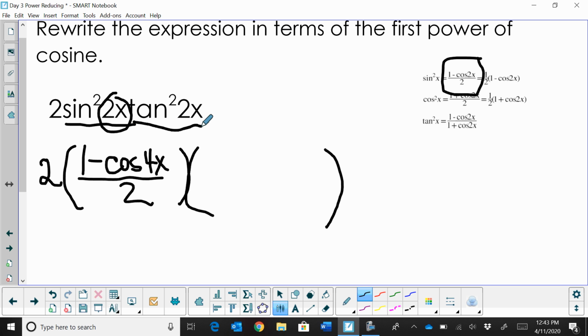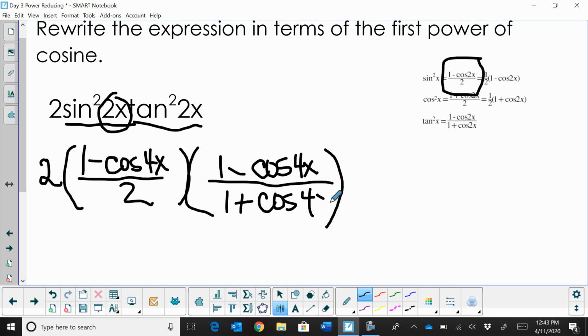And then I'm going to take my tangent squared and replace it with my power reducer. So that's going to be 1 minus cosine, and I've got to double the angle to 4x, all over 1 plus cosine of 4x.